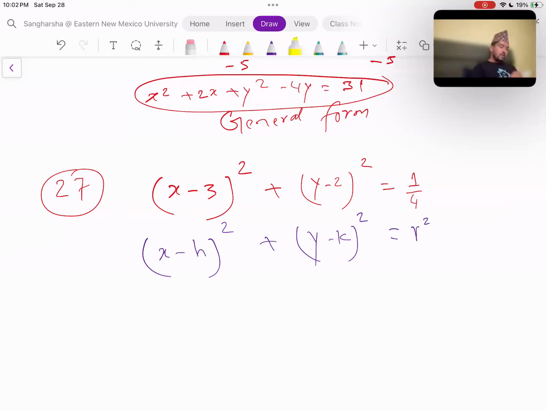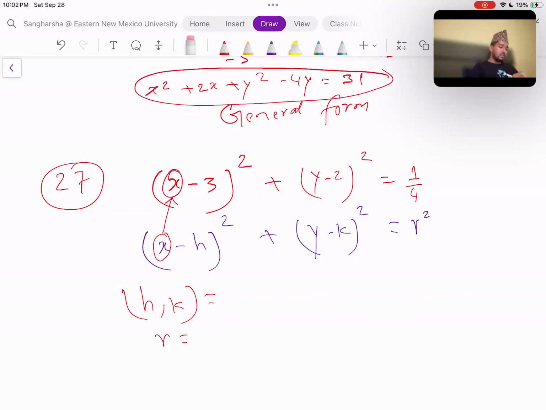Now let's compare these two. Our target is finding the center and the radius. Finding the center means we need to know h and k, and we need to know r. For that, you compare your given equation with the standard form. For x we have x, for negative we have negative.